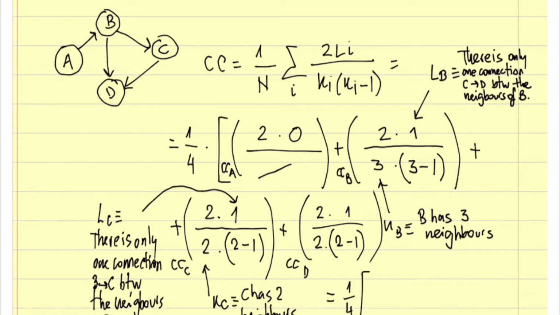And then I say just this is 1/3 plus 1 plus 1. Okay, so this is just 2 1/3, so 7/3, 7 divided by 12. So are you cool with that?